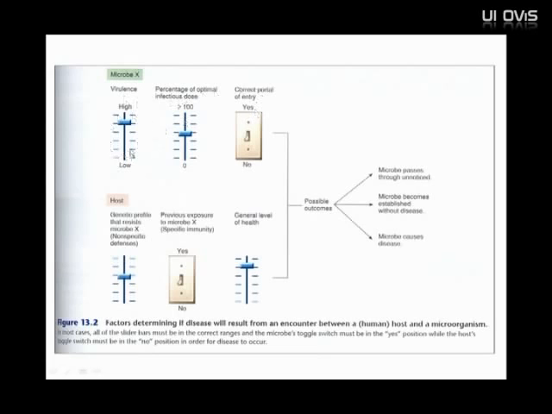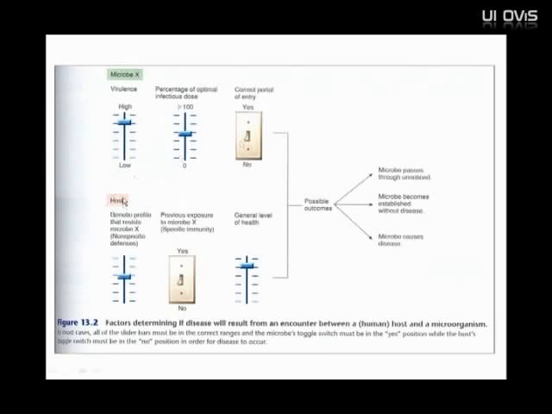The virulence, of course, should be high. The infectious dose should be optimal. And to produce the disease, the microbes should enter the body through the correct portal.